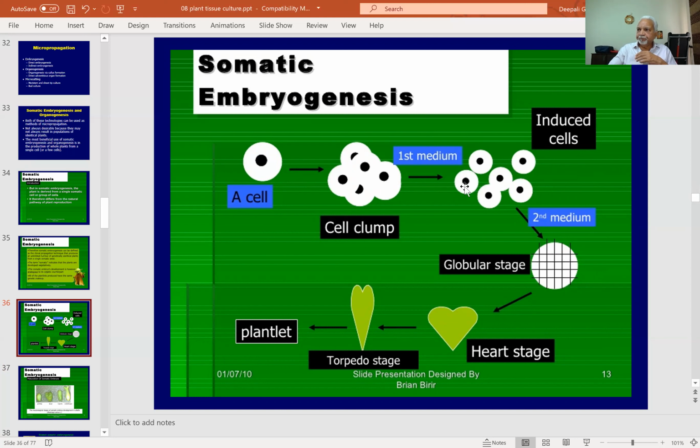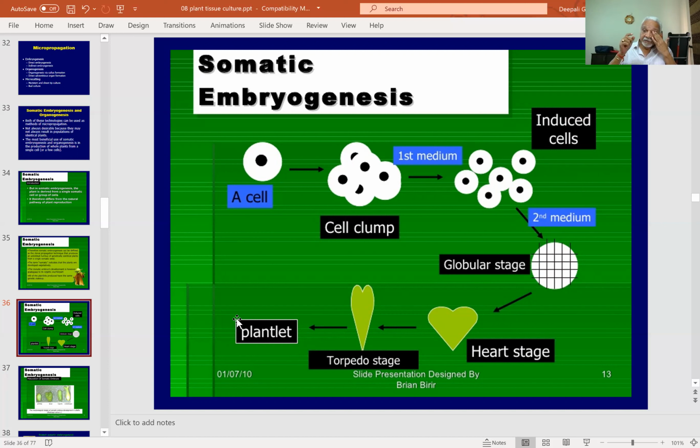Pictorially, if you see here, it is the single cell or the group of cells. On the media, they are allowed to grow or multiply, and then they undergo cytodifferentiation to the globular stage. These are different stages of the embryo, which are seen in natural zygotic embryos also: the globular stage, heart-shaped stage, and torpedo, and then you have the plantlet formation.